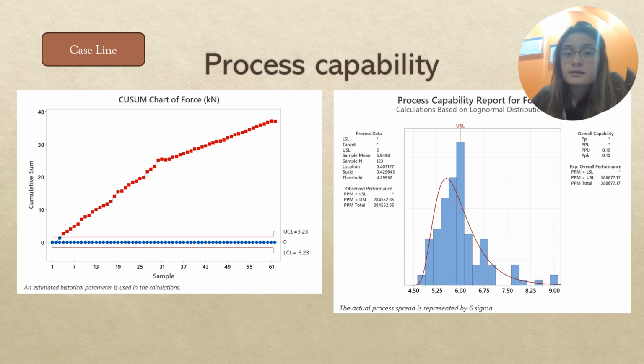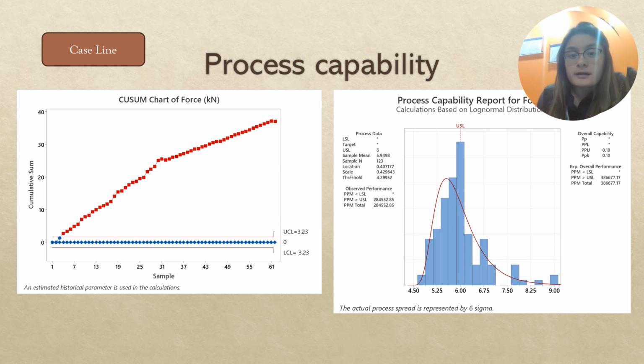And we can see it here in the process capability report for force, where most of the process data that we already have is over the limit. 28% right now is above the upper limit.